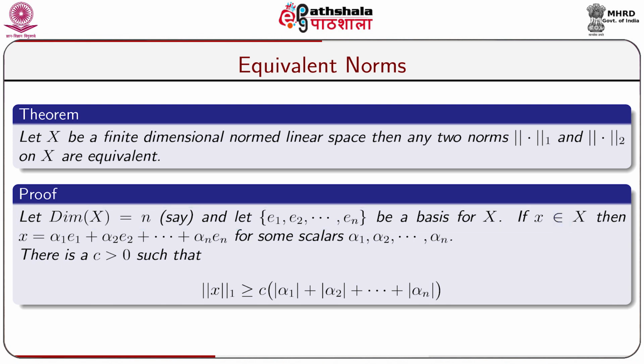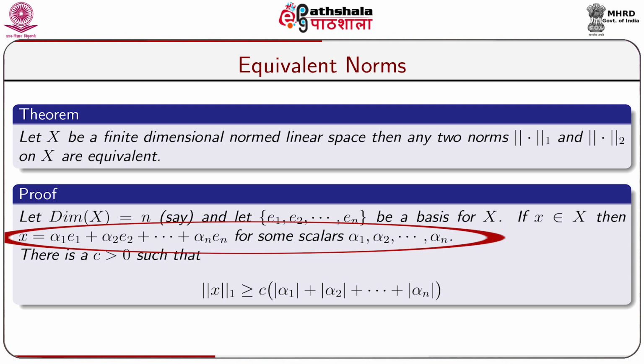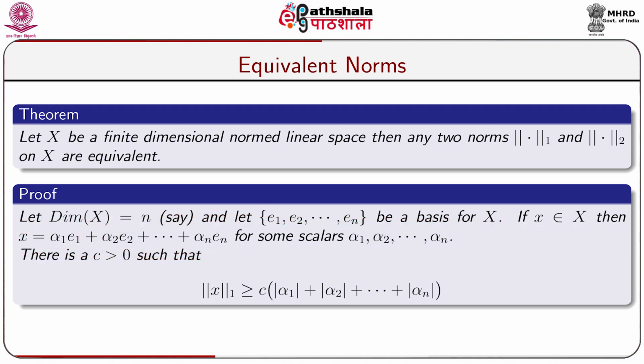So, there are n basis vectors, and we assume that e1, e2, ..., en is a basis for X. If x belongs to X, then x can be represented uniquely in the form x equals alpha 1 e1 plus alpha 2 e2 plus ... plus alpha n en for some scalars alpha 1, alpha 2, ..., alpha n.